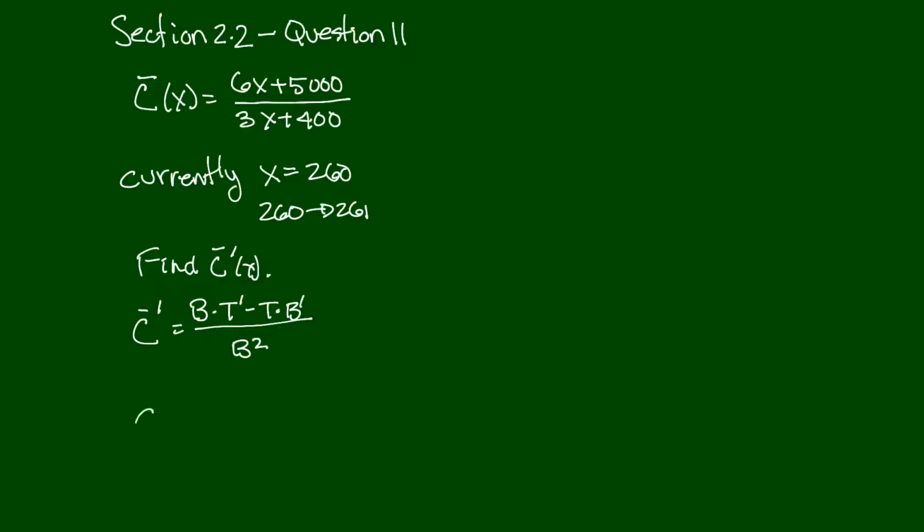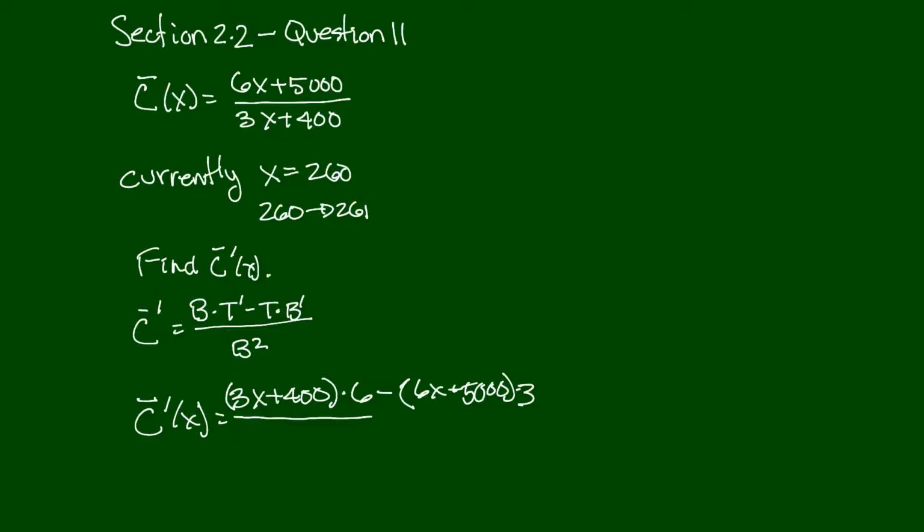So C bar prime of x is equal to the bottom, which is 3x plus 400, that quantity, times the derivative of the top, just the 6, minus the top, which is the quantity 6x plus 5,000, times the derivative of the bottom, which is just that 3, all over that bottom squared, 3x plus 400 squared.